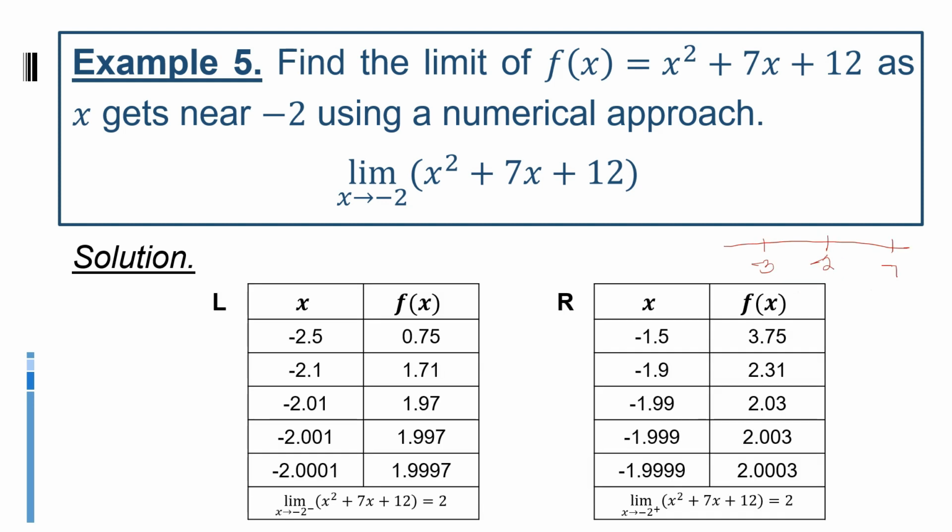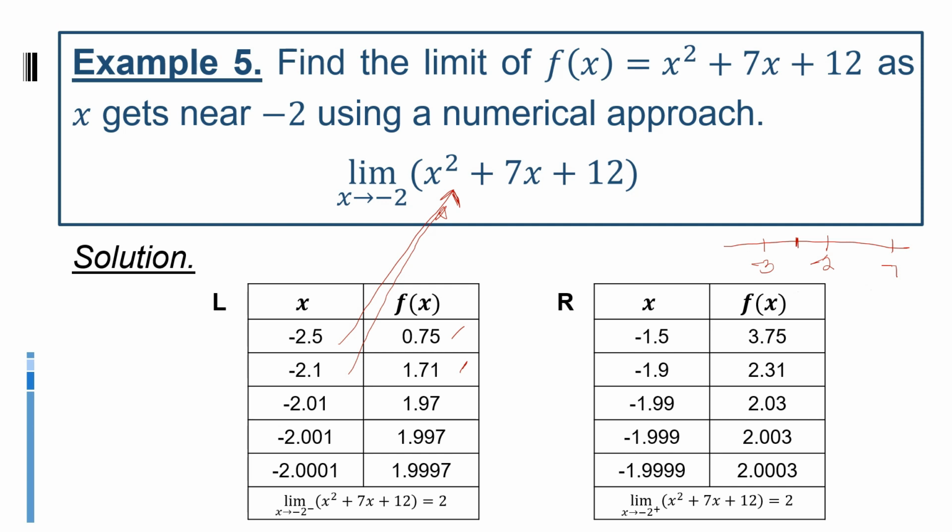So, from the left, we will use negative 2.5 dito. And kapag plinag in natin ito doon sa ating function, the value is 0.75. Ngayon, palapitin pa natin. Negative 2.1. I-plug in natin doon sa ating function, and that is 1.71.